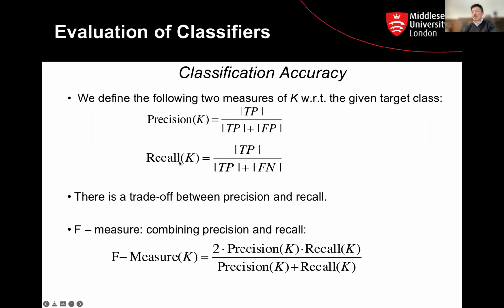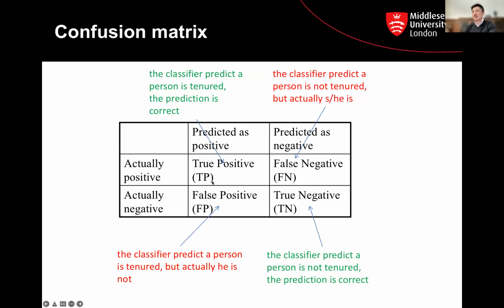And the recall is the true positive divided by the true positive plus false negative. The top part is still true positive, but the bottom part is true positive plus false negative.